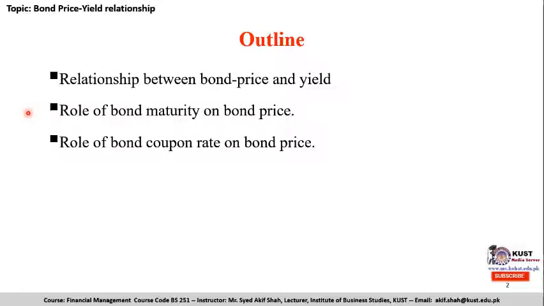Secondly, the discussion will continue with the role of bond maturity on bond prices. For example, if the maturity of a particular bond is 5 years, and a second bond of similar nature, the same risk, has a maturity of 15 years, what is the impact of such bond maturity on the bond prices?